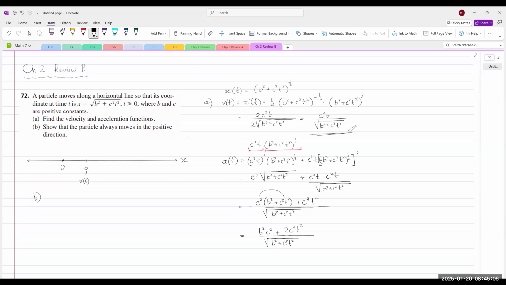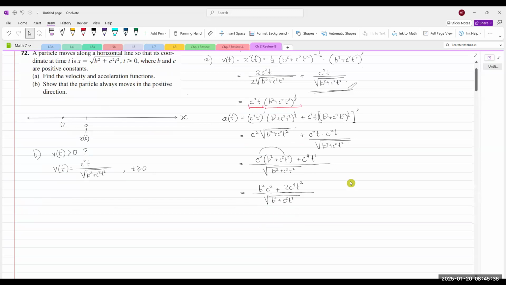And part B, show that the particle always moves in the positive direction. Basically moving in the positive direction means the velocity is always positive, right? That's what we need to show. So we see the velocity is c squared t over square root of b squared plus c squared t squared. Note that t is non-negative.